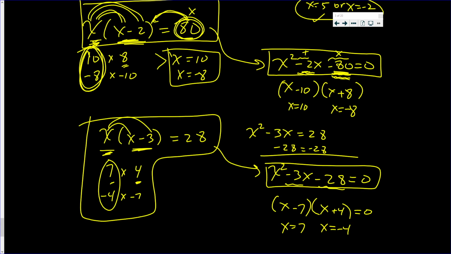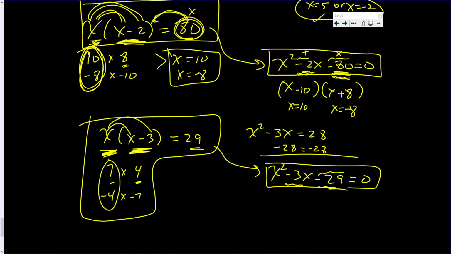Now, having said that, if there are no integers that you can think of that multiply out to 28, maybe the problem was 29. Suppose the problem was 29. So when you bring the 29 over to the left side of the equal sign, you're going to have -29. And you're not going to know two numbers that multiply out to -29 and add up to -3.